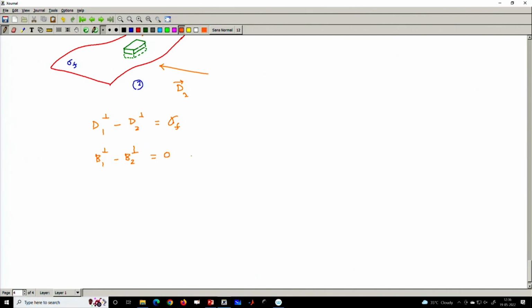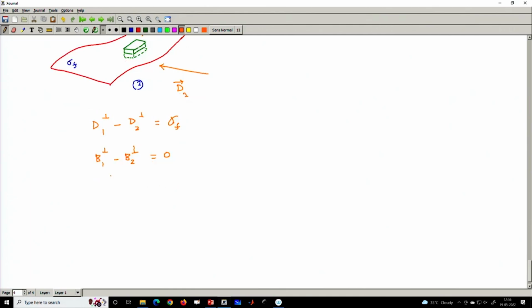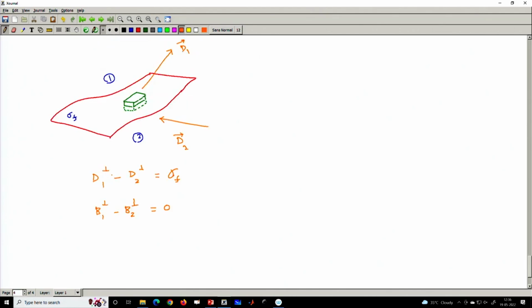So the perpendicular component of the displacement vector is discontinuous. If there is no free charge here, the perpendicular component is continuous, but if there is, the difference is equivalent to the free surface charge density. And for the magnetic field B, the perpendicular component is conserved.